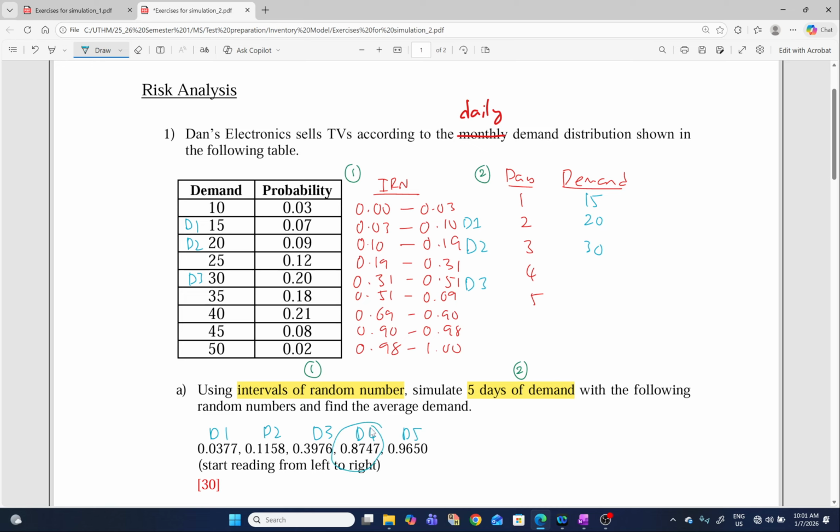Next one is 0.8747. 8747 is somewhere here. Day 4. That would be 40. And then the last one is 0.96, here. This is 45.